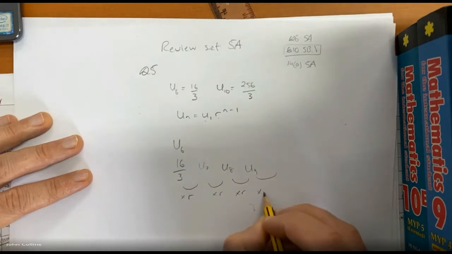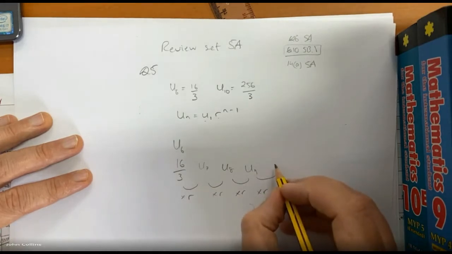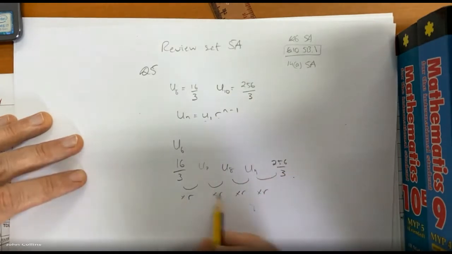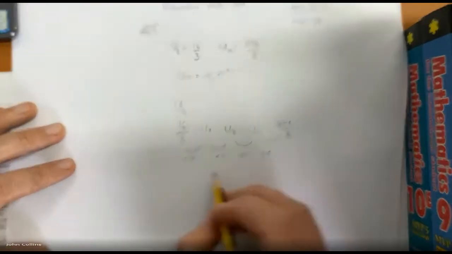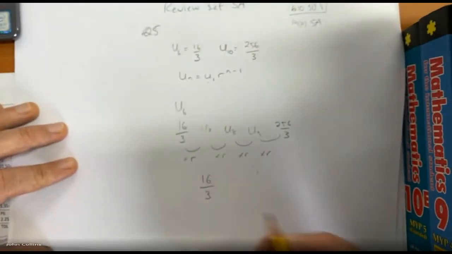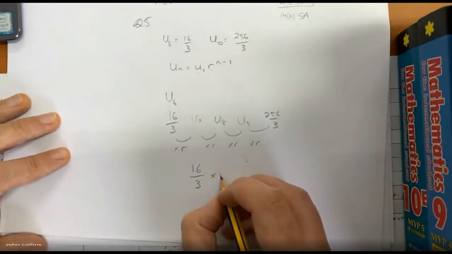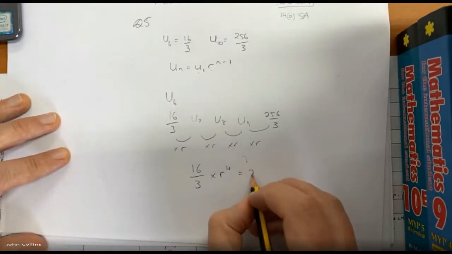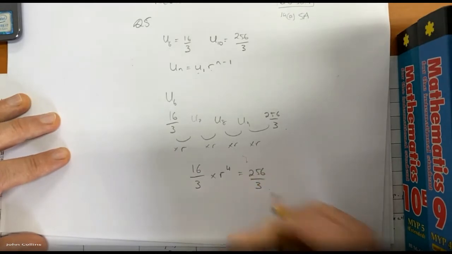And if I multiply by one more ratio, I get U10. Now U10 I also know, 256 over 3. So basically I can simplify that down. 16 over 3 multiplied by r, 4 times, is 256 over 3.